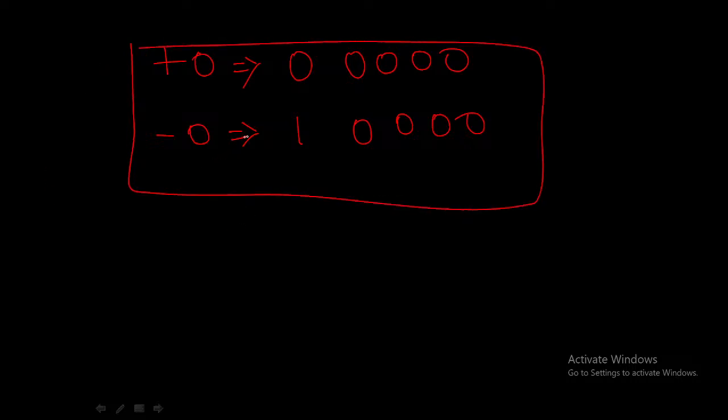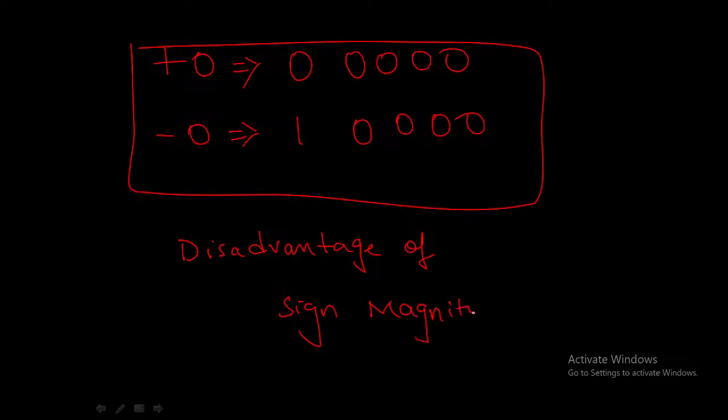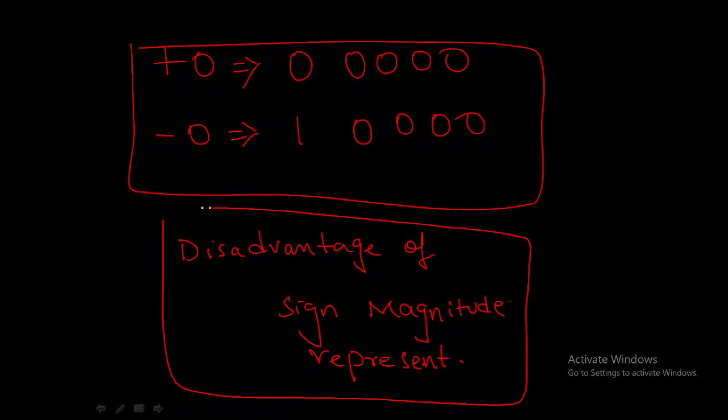But normally speaking, it's not possible to have two representations for zero. So this is the disadvantage of sign magnitude representation. In sign magnitude representation, you have two representations for 0, that is plus 0 and minus 0.